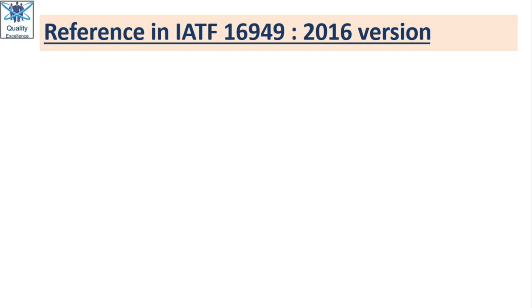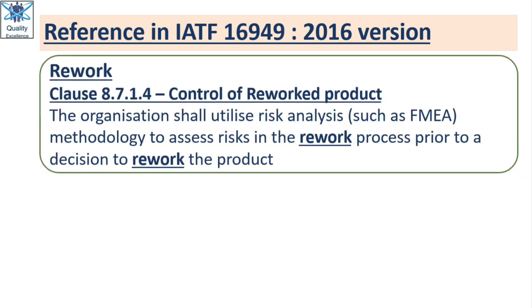Now there is some reference given in the IATF 16949 standard in clause 8.7.1.4, control of reworked product. Here the organization shall utilize a risk analysis methodology such as FMEA to assess risk in the rework process prior to a decision to rework the product.